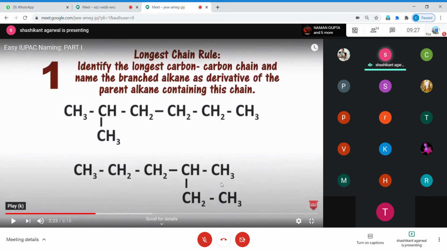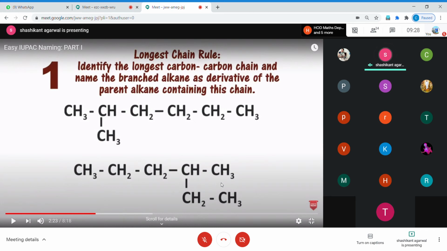As you all know, suppose the longest carbon chain is of 7 carbons, what name will you give? Sir, it's heptane. Yes, give it as hept.